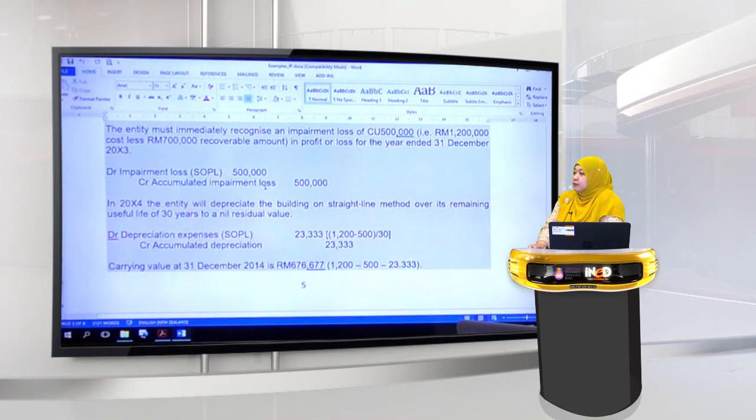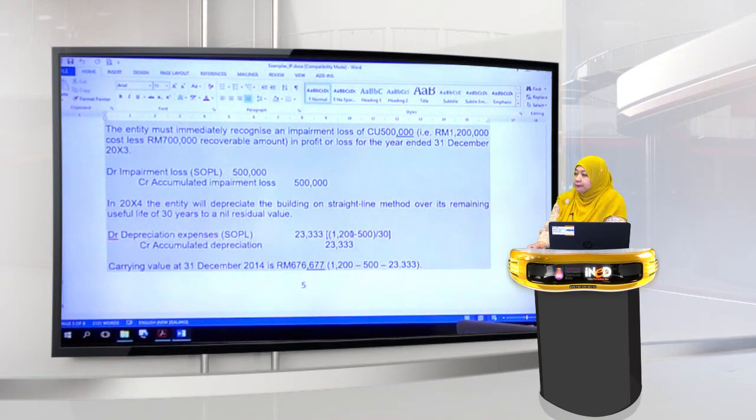Since we have reclassified the investment property to property, plant and equipment, we are going to depreciate the building on a straight line method over a useful life of 30 years. So what we'll do is calculate the amount of depreciation to be charged, that is 1.2 million minus 500,000, that gives you 700,000, divided by 30.